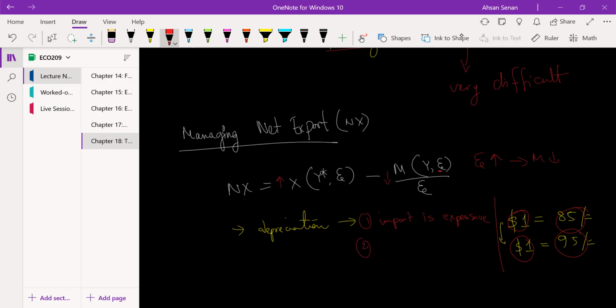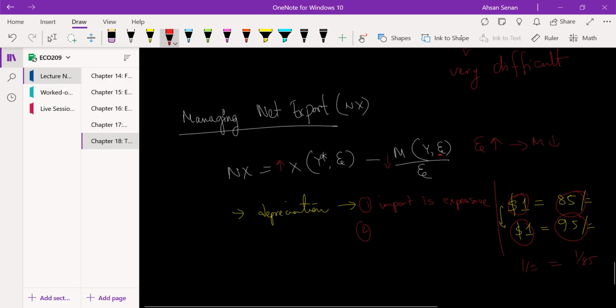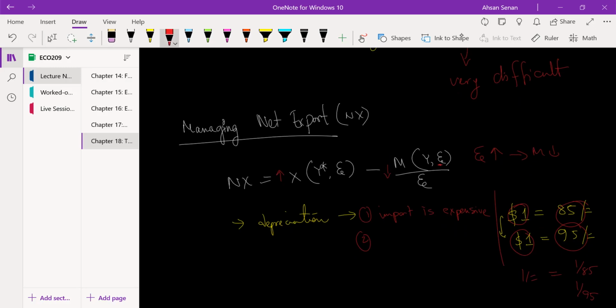Second thing that will happen, for people from USA, goods from Bangladesh have become cheaper, right? For USA, 1 taka used to be 1 by $85, but now that's gone down to 1 by $95, which is cheaper. So what will happen is export goes up.